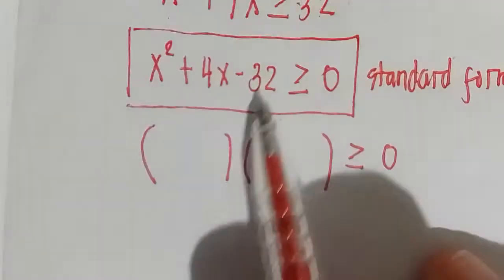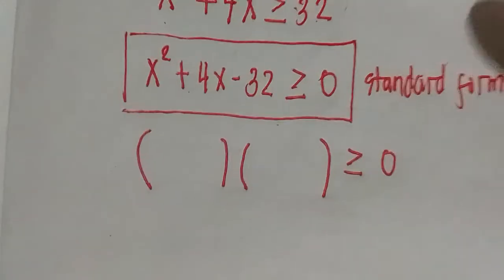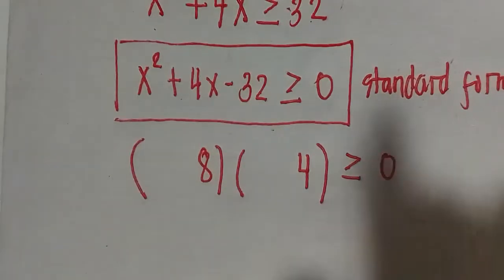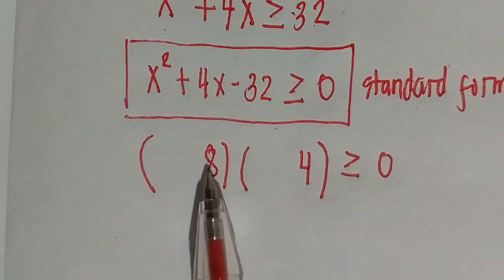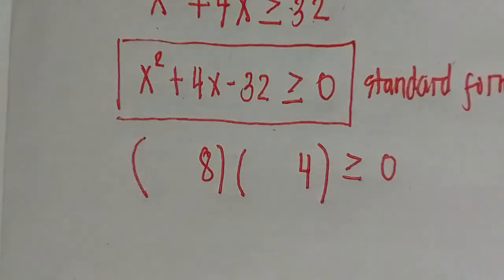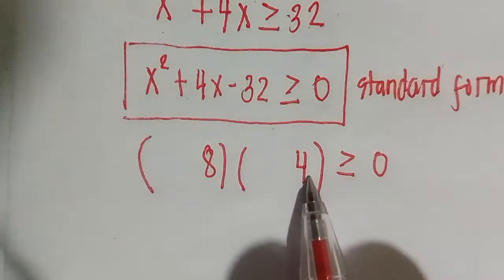Since it is 32, we can use 8 and 4. Why 8 and 4? Because if we multiply, 8 times 4 is 32, and when combined, 8 minus 4 is 4.